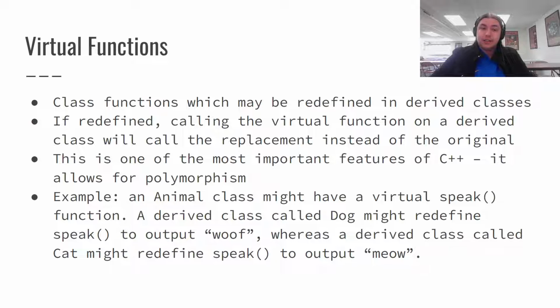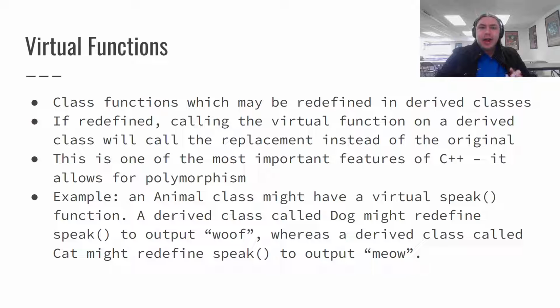And I give a short example here where an animal class might have a function called speak, which is virtual. And that means it can be redefined by any derived class that inherits from animal. So, for example, a derived class called dog might redefine the speak method to have the word woof be outputted to the screen.